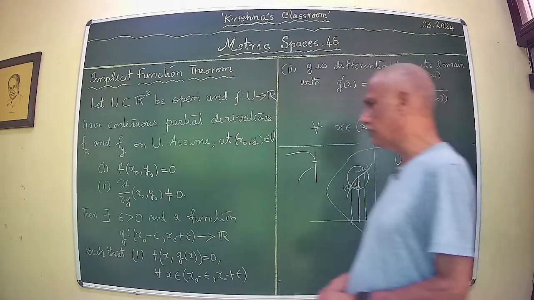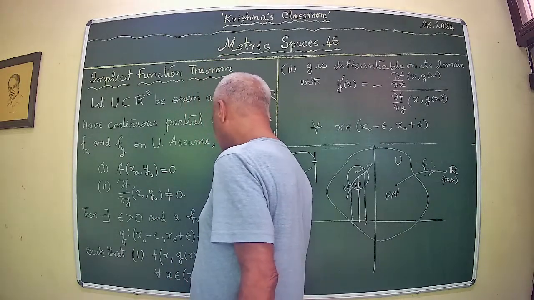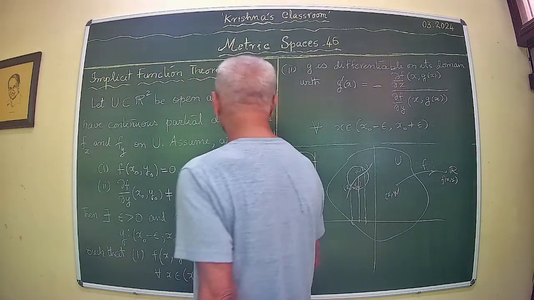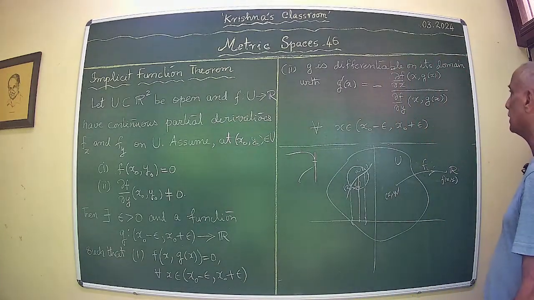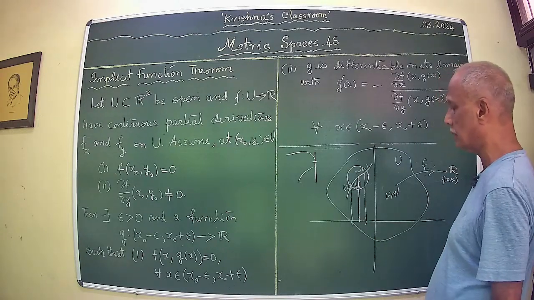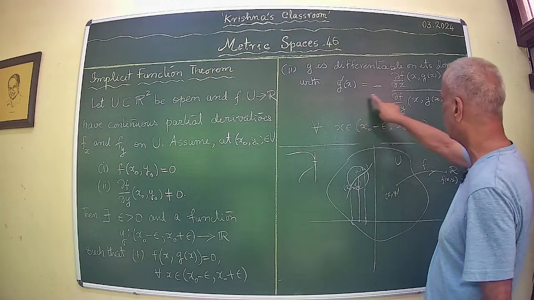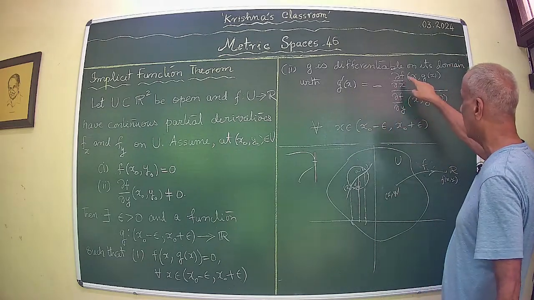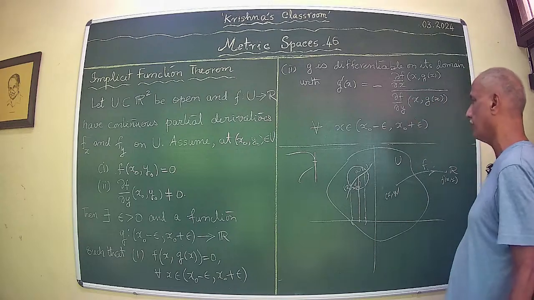So that f of x, g(x) equals 0 for all x belonging to x0 minus epsilon to x0 plus epsilon, and g is a differentiable function on its domain, that means on the interval x0 minus epsilon to x0 plus epsilon, and g derivative at x is given by minus fx divided by fy.